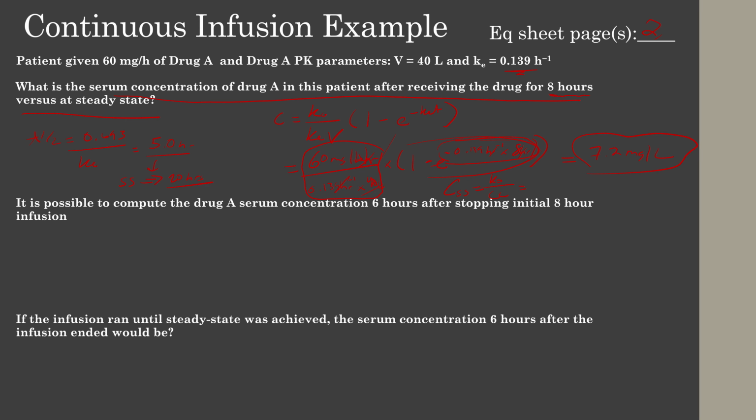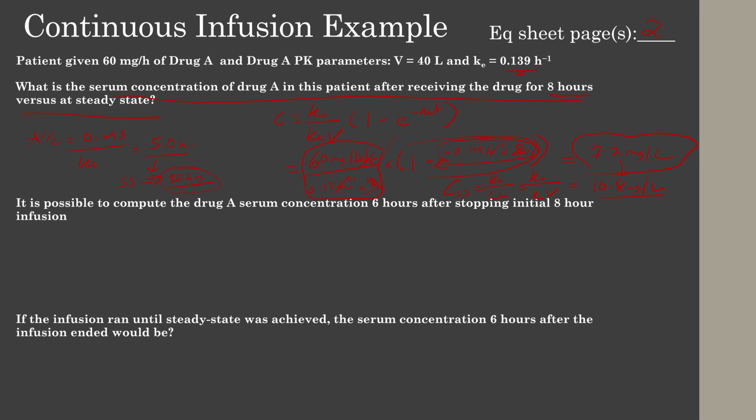And if you do that math, you get around 10.8 milligrams per liter. So you can tell 8 hours after the dose, not quite at steady state. It doesn't reach it until, again, 20 hours or so on the drug, and it increases from 7.2 to 10.8 milligrams per liter.